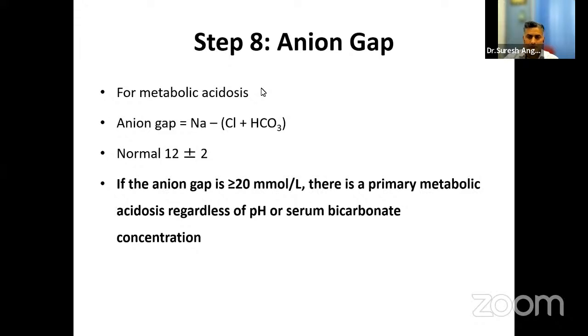The next step is we should remember that for any child with metabolic acidosis, we should calculate the anion gap, and this is the formula for anion gap: sodium minus chloride plus bicarbonate. The normal anion gap is 10 to 14, and if one value has to be taken for calculation purposes, it is 12. If there is an anion gap of more than or equal to 20 millimole per liter, then there is a primary metabolic acidosis regardless of pH or serum bicarbonate concentration, right?